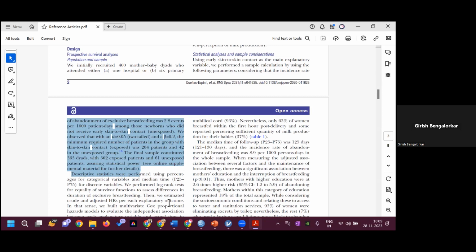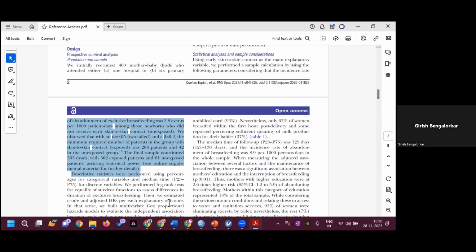With an alpha of 0.05 two-tailed and a beta of 0.2, the minimum required number of patients in the group with skin-to-skin contact was 204 patients and 42 in the unexposed group.